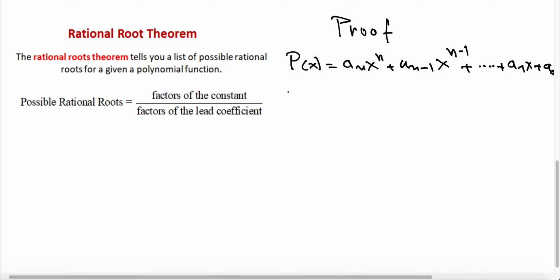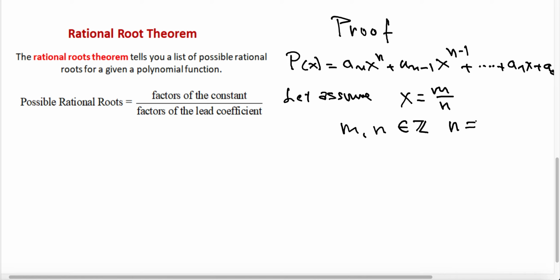And let's assume it has a rational root or 0, that is x is equal to m divided by n, where m and n are elements of the integers and n is different from 0, with this assumption.